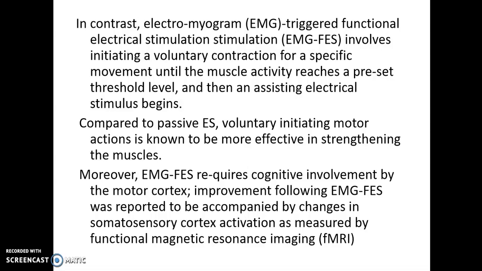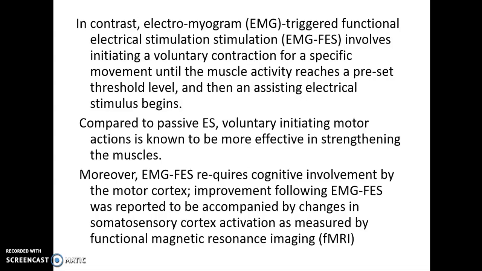So in contrast, the EMG triggered functional electrical stimulation, which we call EMG FES or EMG FNMS, involves initiating a voluntary contraction for a specific moment until the muscle activity reaches a preset threshold level, and then an assisting electrical stimulus begins. So whatever the patient is able to do, he or she will do. That is what we call the preset threshold level. Then after that, the assistance will come from the artificial electrical stimulation.